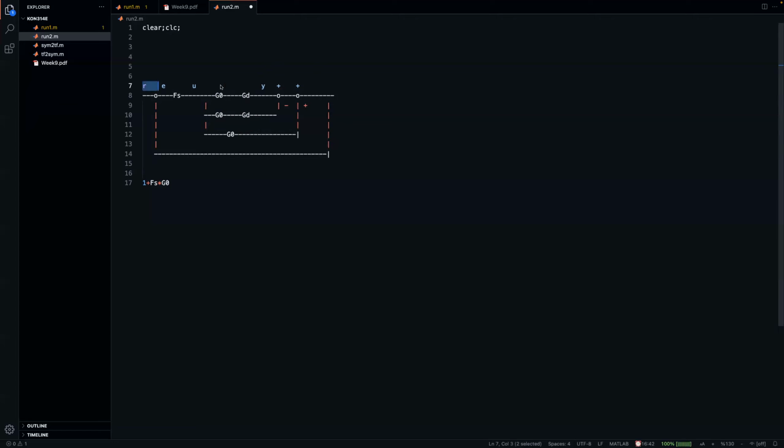And if you look closer from R to Y, that's the feed-forward path, we have Fs G0 GD. So when you write down the whole transfer function of this structure, it would be Fs times G0 times G delay divided by 1 plus Fs G0.